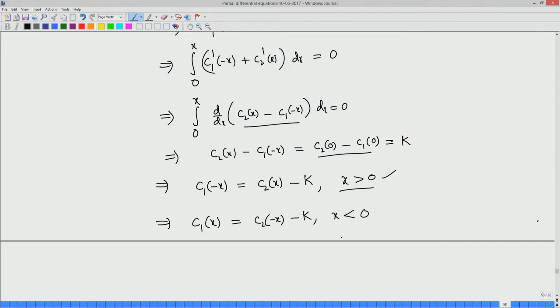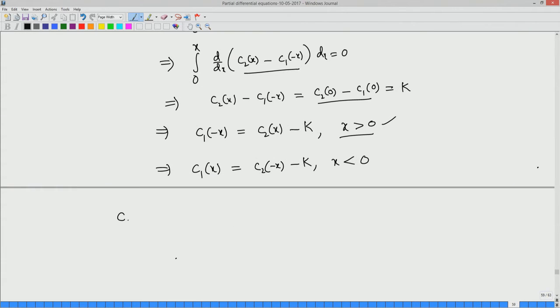So now I find what I want: the C1 function for the negative values. I know what my C2 is, and I make use of this to write it for the negative values. What I want is C1 at x minus Ct. This is where I require u(x, t) for x between 0 and Ct, where C1 of x minus Ct appears in the general solution.